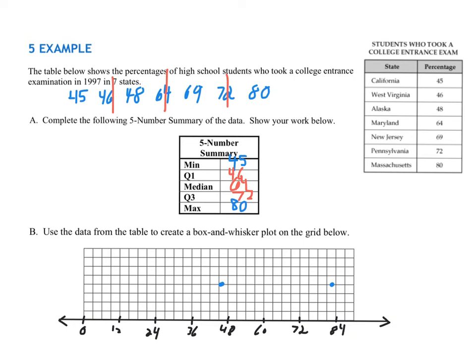I have a line at 64, a line at 46, which is almost touching here, and another line at 72. Connect those. There's my box. There's a whisker, and then the other whisker is just barely distinguishable, very, very short.